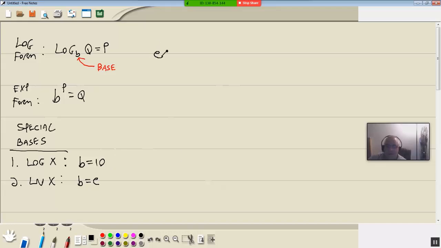Now if you have one of those and you want to convert it, for example, if I have natural log of x plus 5 is equal to 3, and I want to put it into exponential form. From the fact that it says ln, that means automatically our base is e. And then what follows a log is your q. You're going to find all these same properties and formulas work no matter what the base is.